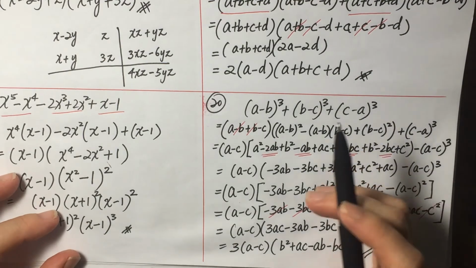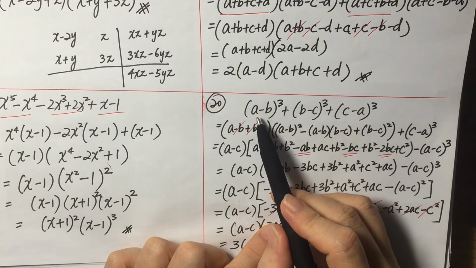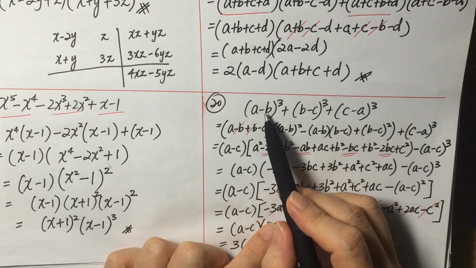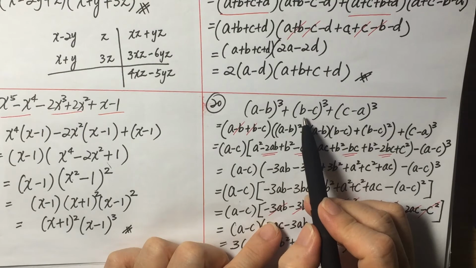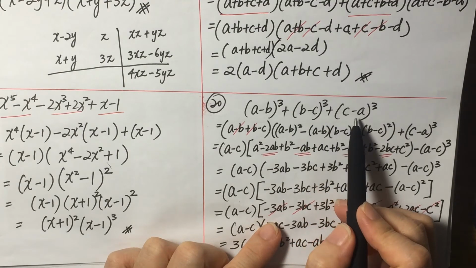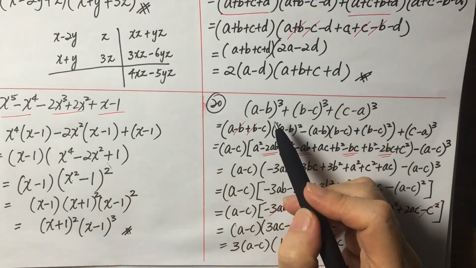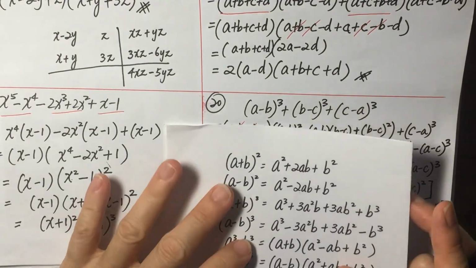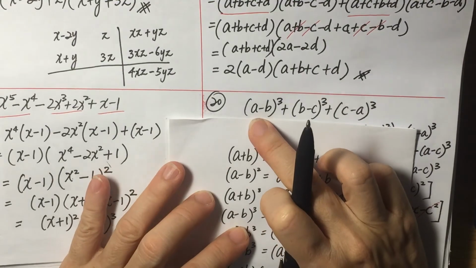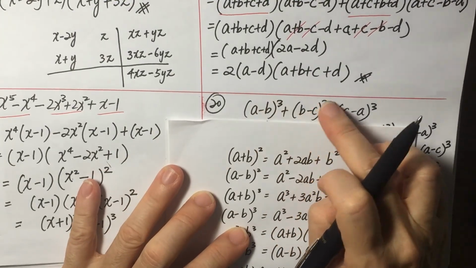Okay, question 20. Let me repeat how to do question 20. We have (a minus b) cubed plus (b minus c) cubed plus (c minus a) cubed. We want to factorize it. Okay, so we look at the first two, something like x cubed plus y cubed.